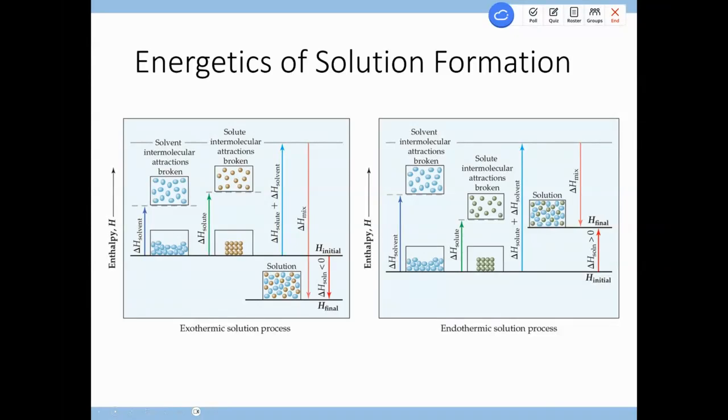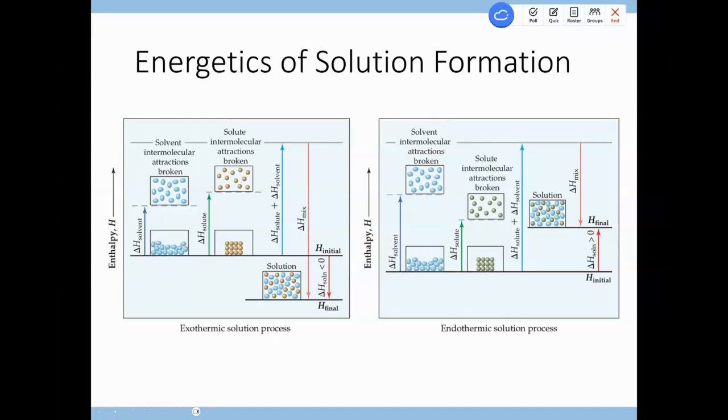So overall, we have delta H of solution less than 0. This is an exothermic process. This would release energy. If you mix a strong acid and a strong base together, those generate a lot of heat, which makes doing that very dangerous because the solution can boil. But that releases a lot of heat, and so that's an exothermic process. If you do that, you'd feel heat on the outside of the beaker.